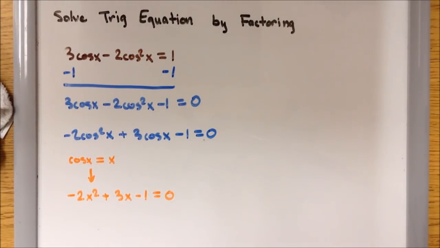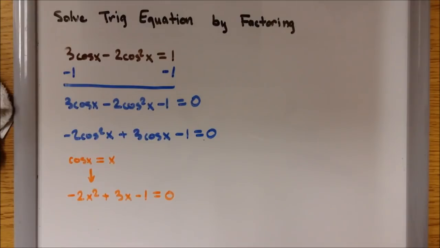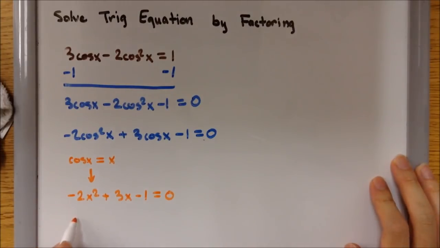Now, this is just like the quadratic equation that you have on your spiral question of your test. So when you do the typical ABC, factor, slide and divide, if you have to, what you're going to have are two factors. Negative 2x plus 1 parenthesis, and then x minus 1.